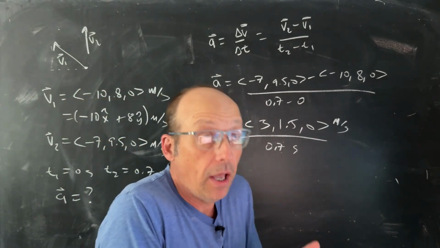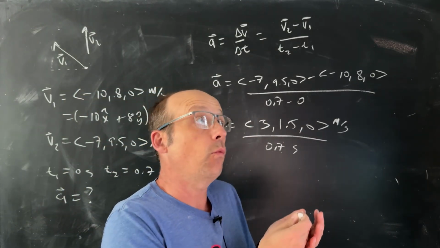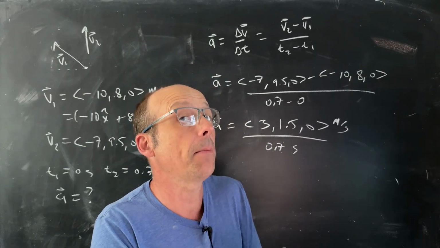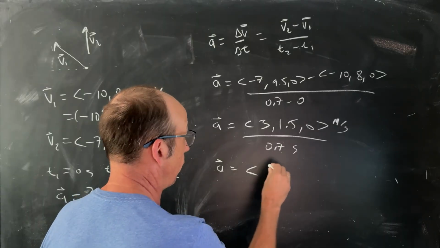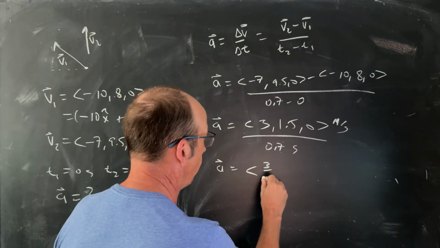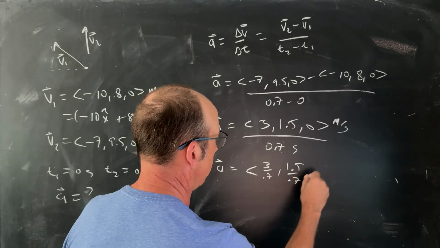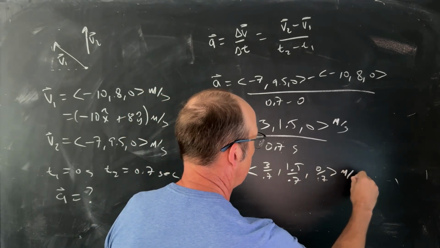Now I have a vector divided by a scalar. When you divide or multiply by a scalar, you divide or multiply each component by that value. So the acceleration is going to be equal to, I'm going to write it out explicitly, 3 over 0.7, 1.5 over 0.7, 0 over 0.7 meters per second squared.